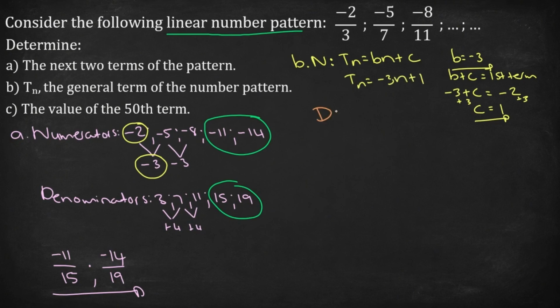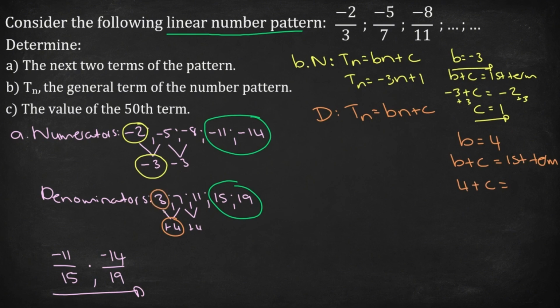Let's work on the denominator. I'm going to start by writing the general formula, which is Tn equals bn plus c. I know that the constant difference is 4. That means that b is equal to 4. And to work out the value for c, I'm going to add b and c, and I'm going to equate that to my first term. Now it's time to substitute. b is equal to 4, so I'm going to write 4 plus c equals, and the first term of the denominators is 3.